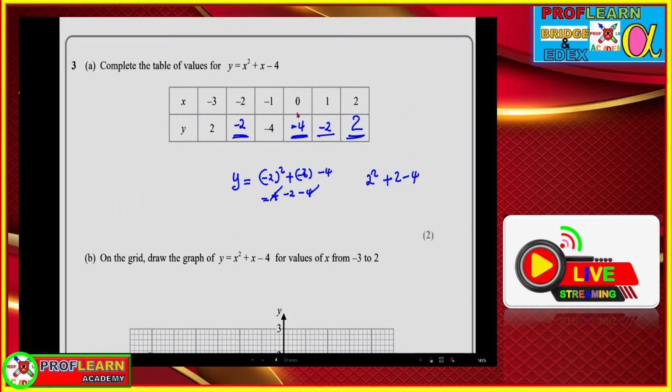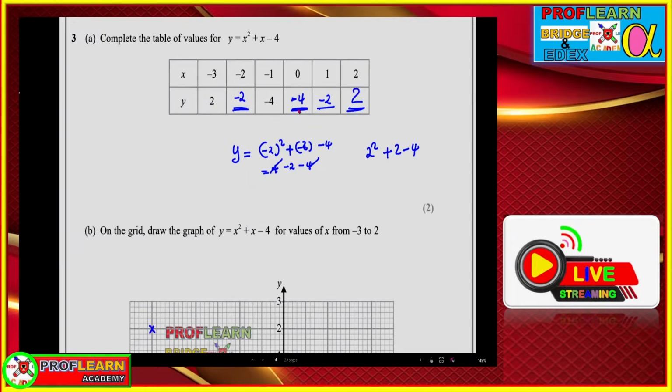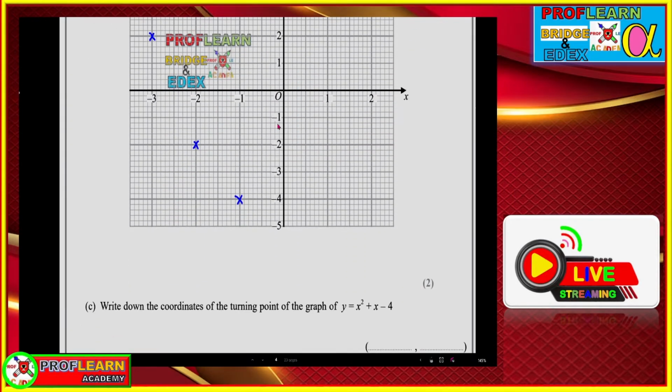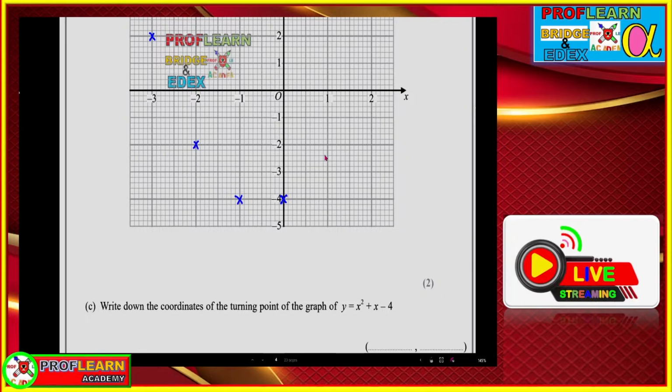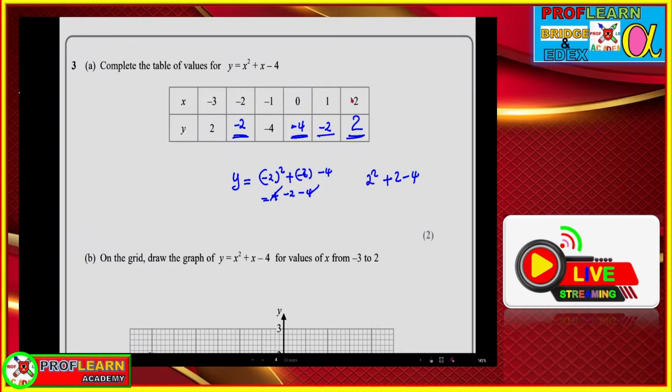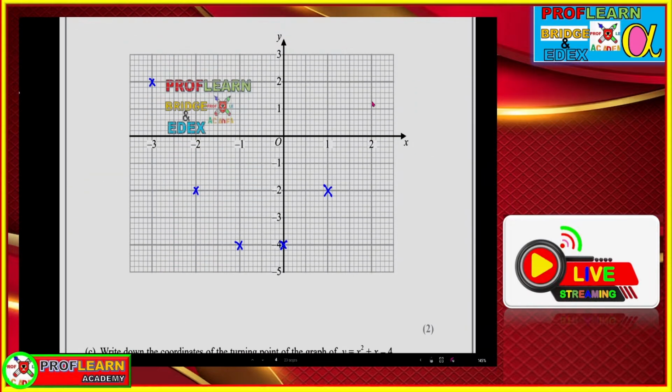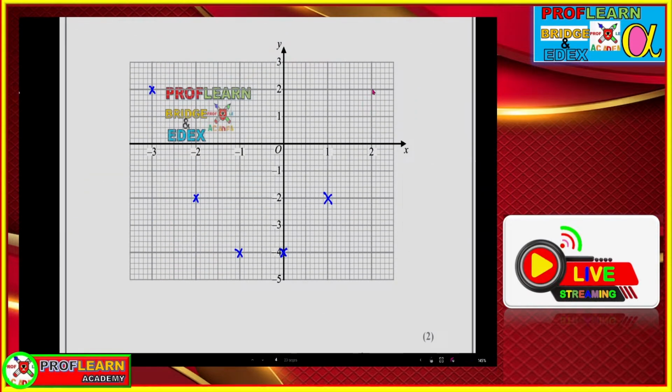We have when x is 0, y is -4. When x is 0, you move down to -4 there. We also have 1, -2. We have now 2, +2. Then we move up to this point here.